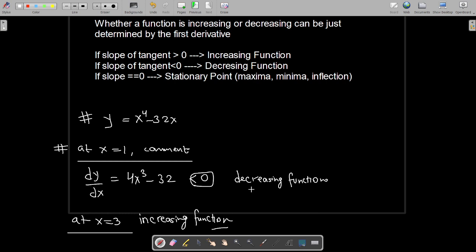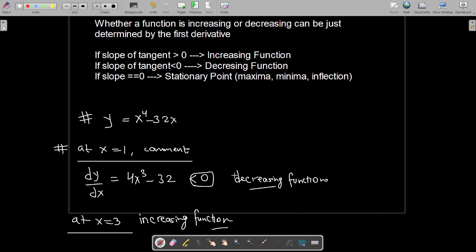The function went from decreasing to increasing. So there must have come a point at which the value of dy by dx is equal to 0. There must be a stationary point. At x equals 1 it was decreasing, while at x equals 3 it was increasing. So somewhere in between 1 and 3, the function must be stationary. It must have changed directions.